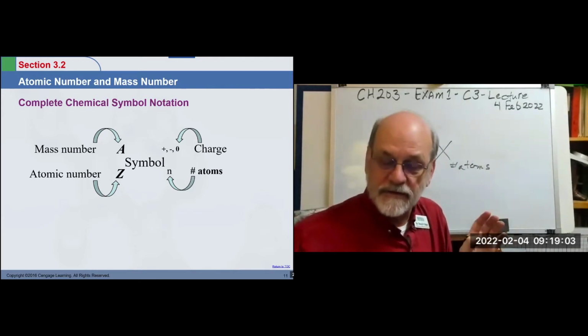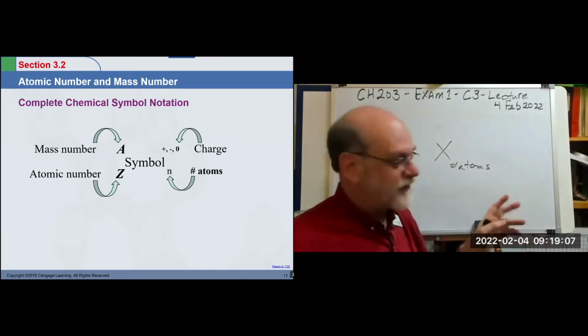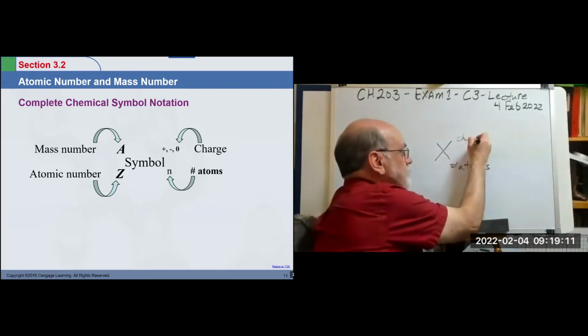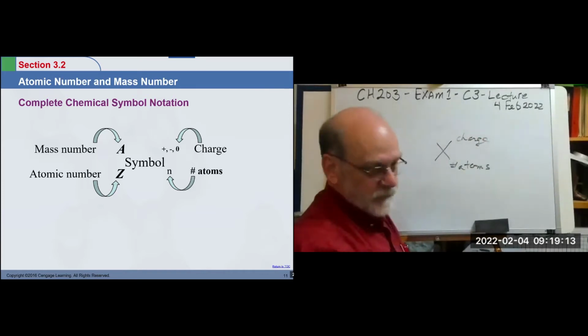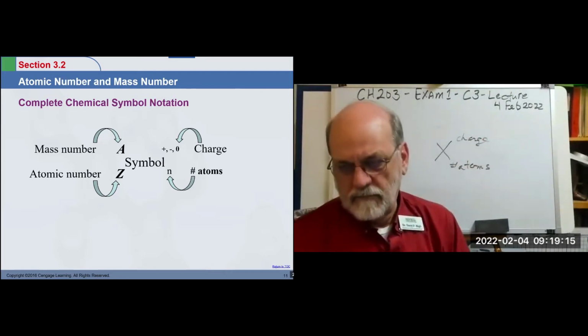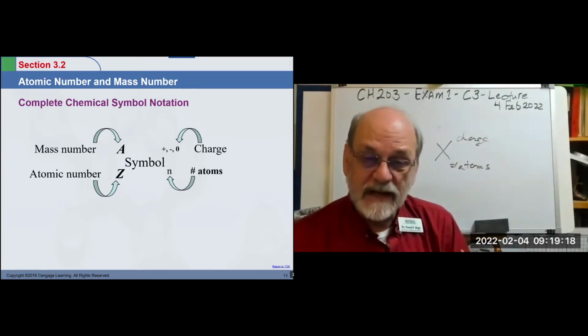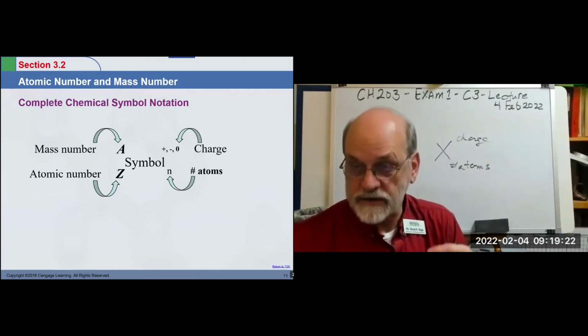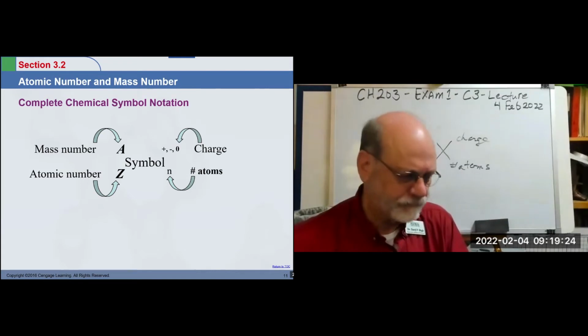If the atom is charged, then you represent that in the upper right-hand corner. So this is where the charge goes. Now, if you feel the need, you can put a 0 there for zero charge. Under certain circumstances, that's useful.